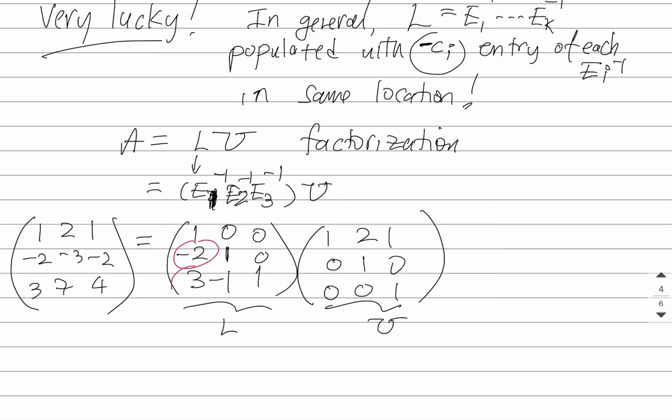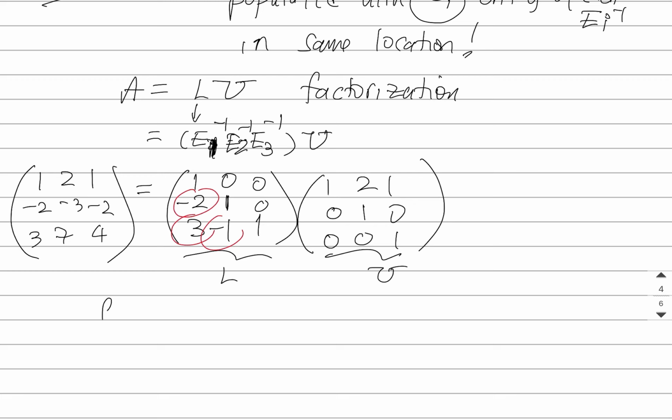These entries correspond to the row operations that we needed to do to get to this U. And so if we want to create this factorization, it's very, very easy. All we have to do is find all the E_i and then simply store the negative values in this L. Simple.